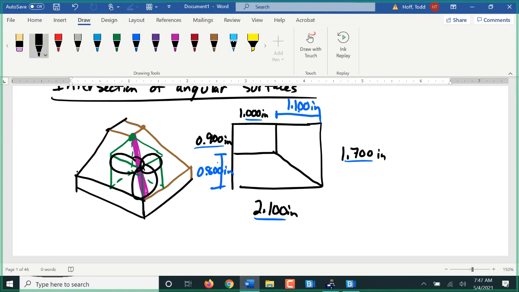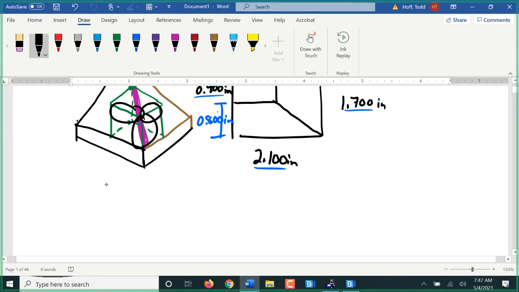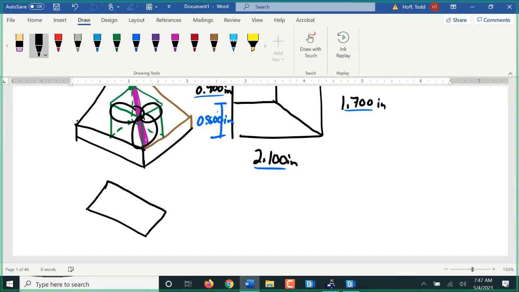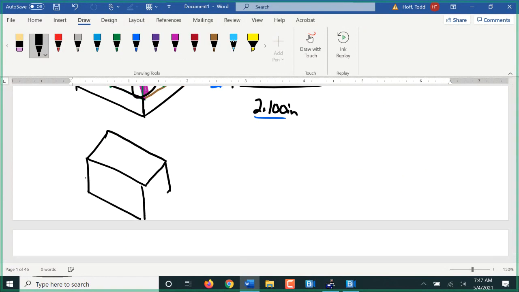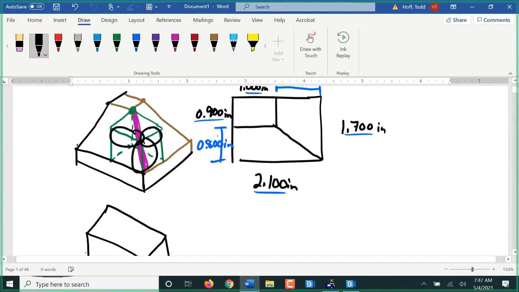So that's telling us, if we draw our box here, this dimension here is the 1.1 inch dimension. This dimension here is the 0.8 inch dimension.